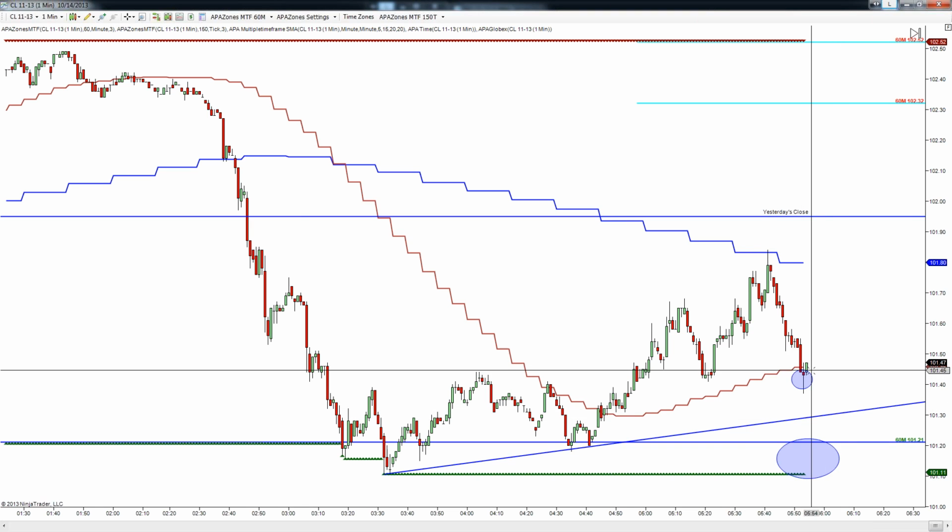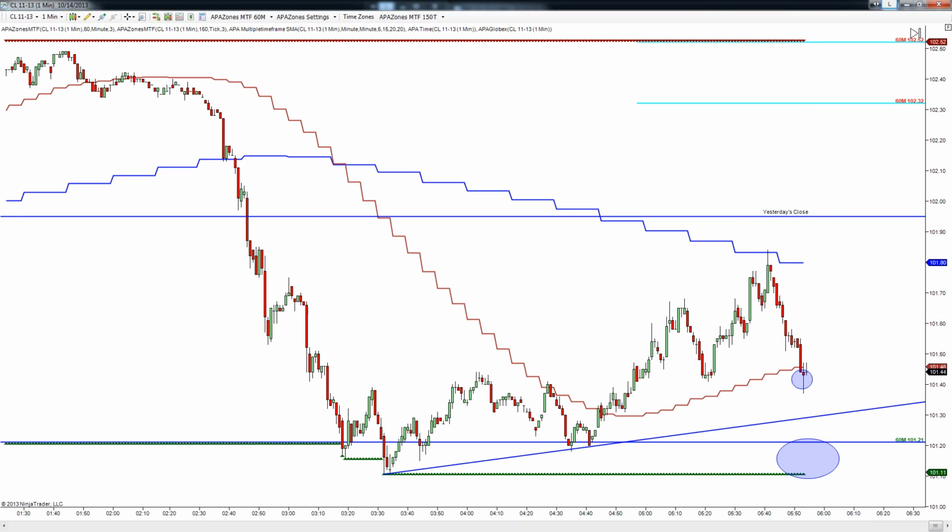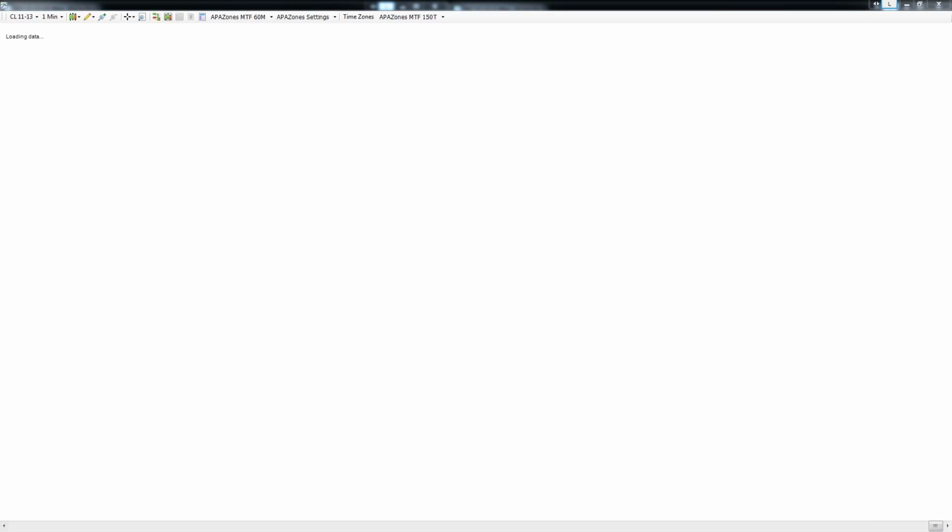Trendline might hold something, but we'll see. My 15-minute chart wasn't doing anything, so I had to reload.